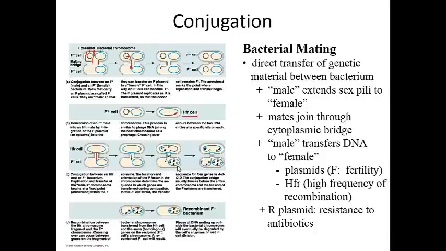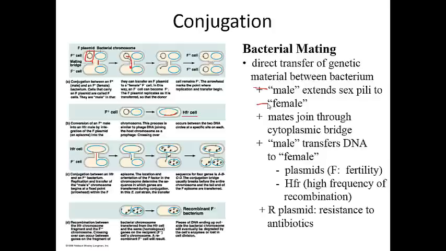Bacteria that have the F plasmid are referred to as male bacteria because they can create a sex pili. Bacteria that do not have the F plasmid are referred to as female bacteria because they cannot form the sex pili.